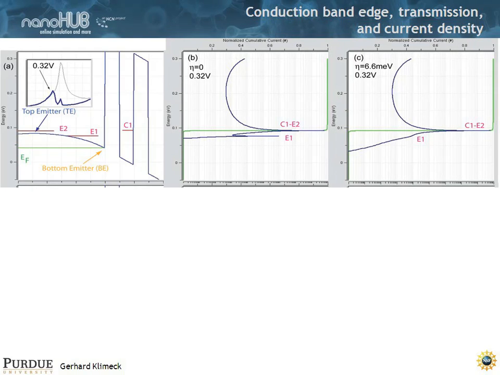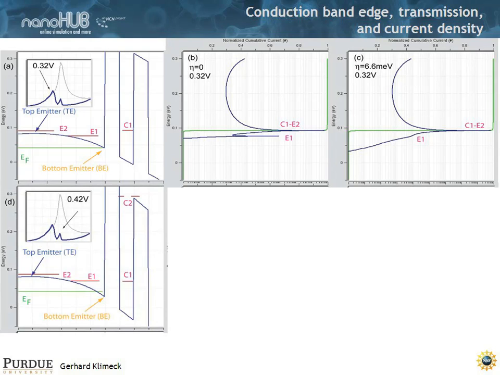Now if I plot the transmission coefficient times the Fermi functions, that's the current density, you see a little bit of a shoulder left of E2, whereas here it was a very sharp resonance. Now it just turned into a shoulder, and the current is all flowing from the ground state C1 to E2.